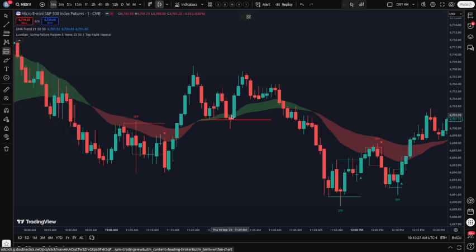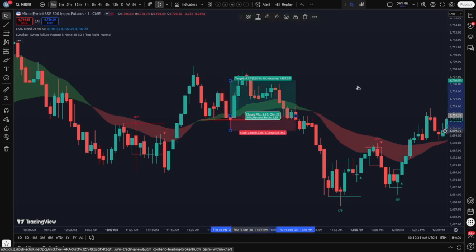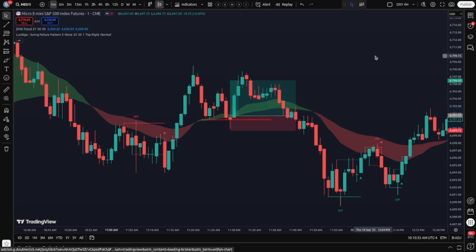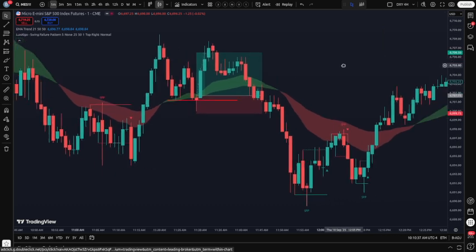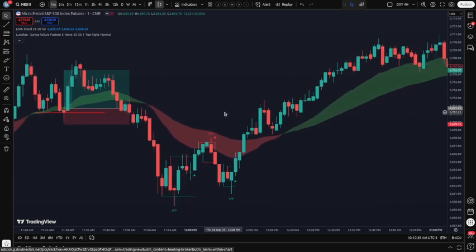So we got... All right, you got your 2-to-1. Great move there. All right, 11 o'clock, almost lunchtime. Here's another one of those. Oh, this is a real Gann swing. So we'll take that.